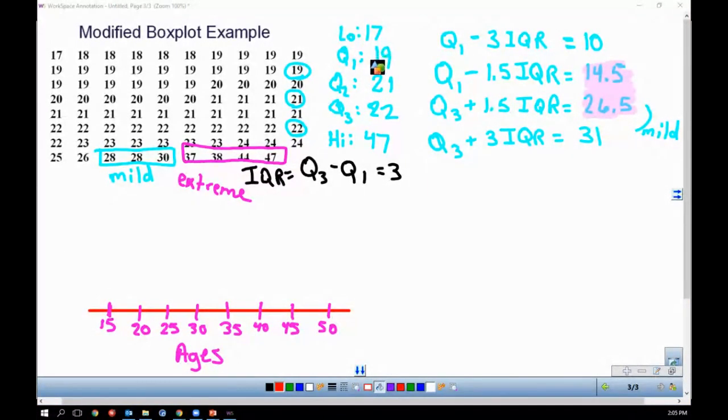So our box goes from 19 to 22. Let's say tiny box. And our median is at 21.